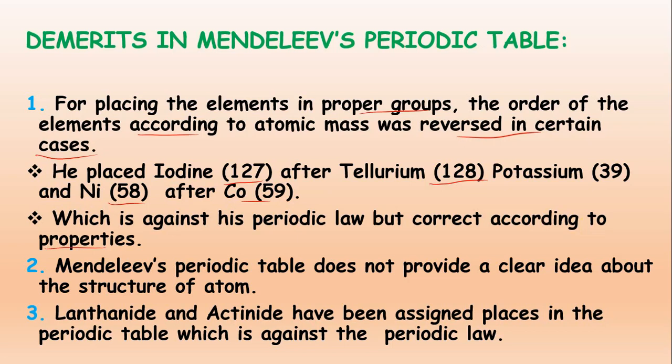The second was that the periodic table does not provide a clear idea about the structure of the atom. Lanthanides and actinides have been assigned places in the periodic table, which is against the periodic law. So these were the three demerits of Mendeleev's periodic table.